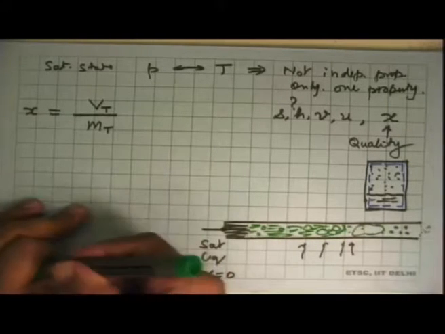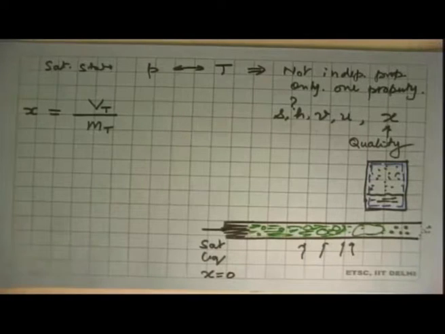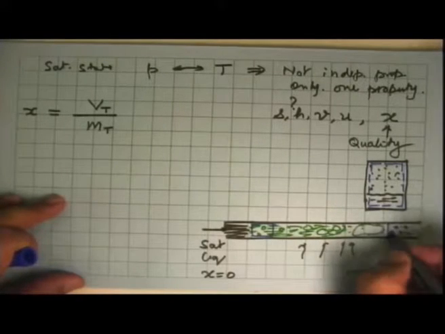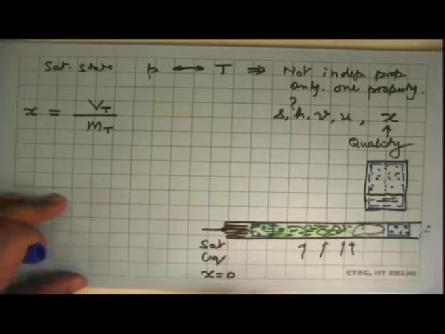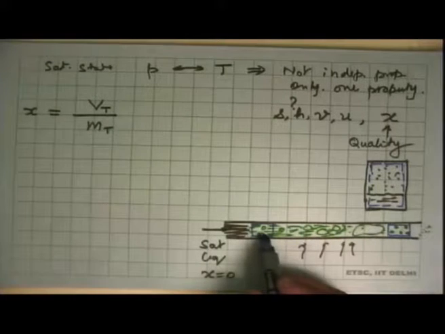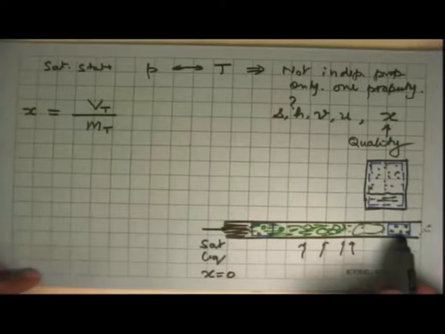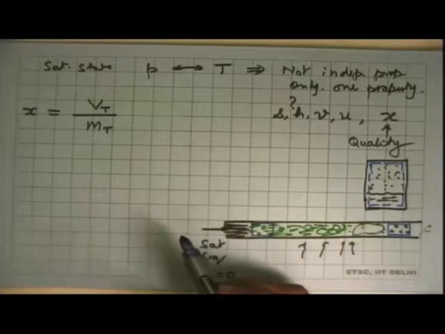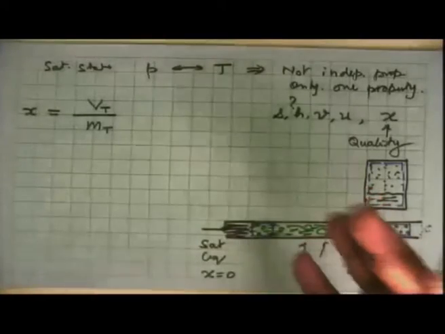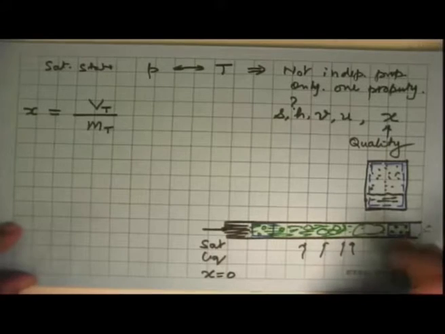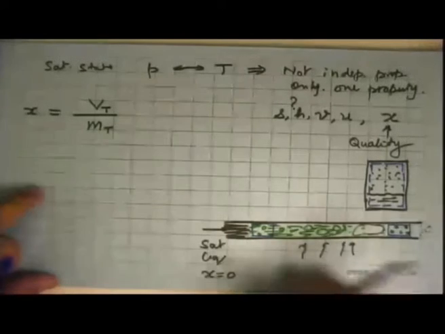But we can always pick a state at a point and say what is the dryness fraction here or here. So you could have dispersion of vapor bubbles inside a large liquid, or in the other extreme, fine droplets moving around in vapor. This is also what happens in steam turbines operating in the wet state.